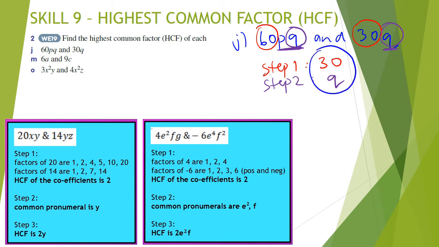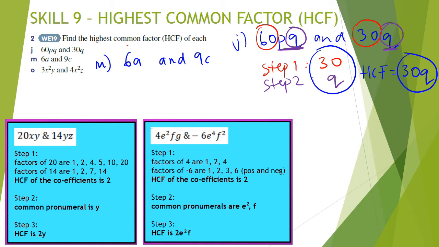So our final answer, our highest common factor, is 30Q.